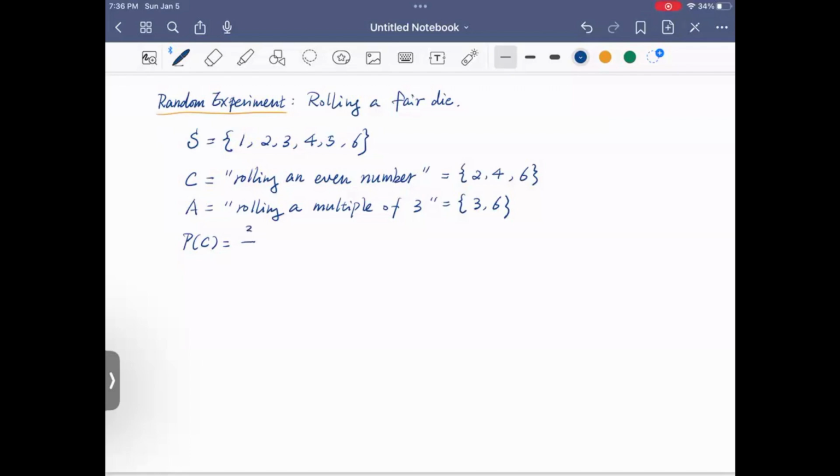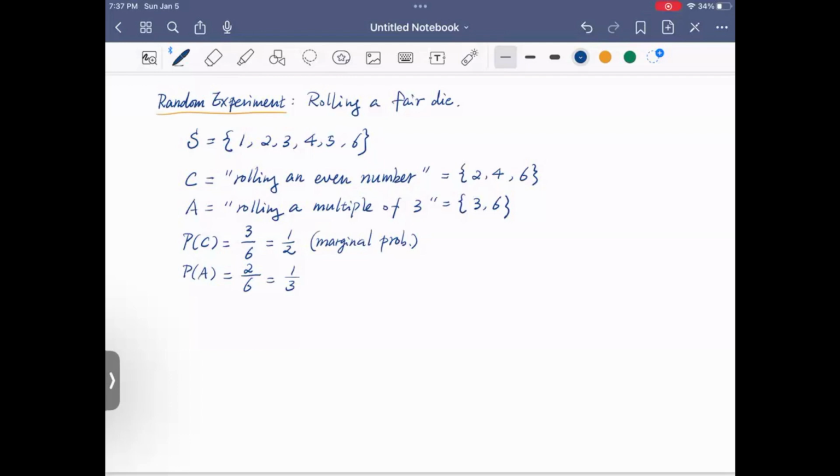So it should be 3/6, or 1/2. So this is called the marginal probability, or just the probability. Similarly, the probability of A is equal to the number of elements in A divided by the number of elements in S. So it's 1/3. Again, this is the marginal probability of A.